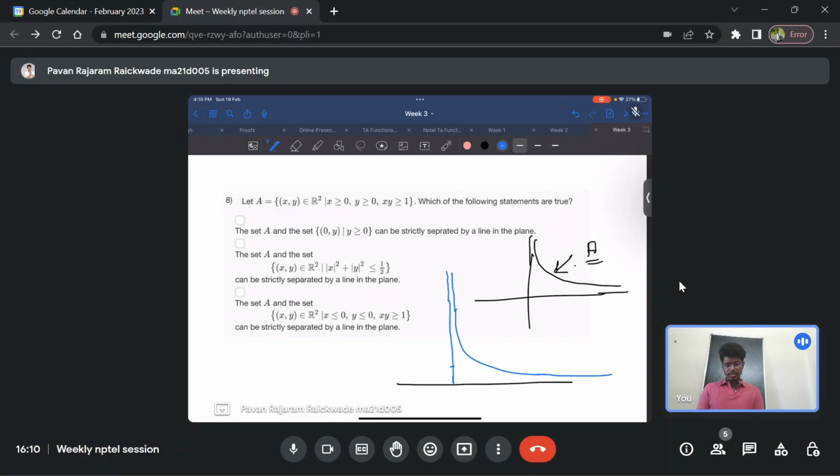So option number 1 says, can we separate these two curves by means of a straight line? What can you say? Anyone?